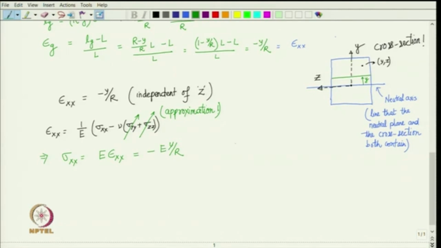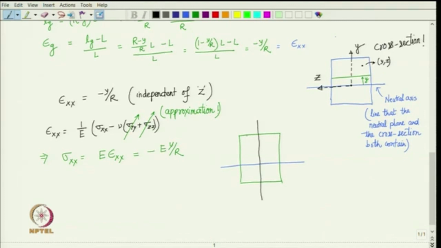If we try to draw its variation, so here is the cross section, and we have this neutral axis and this is your y axis. On the top side of the neutral axis, sigma x x is compressive, whereas on the bottom side sigma x x is tensile.